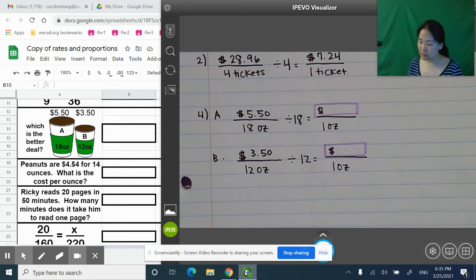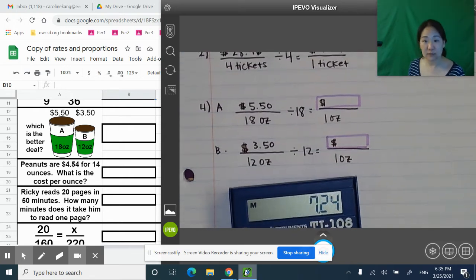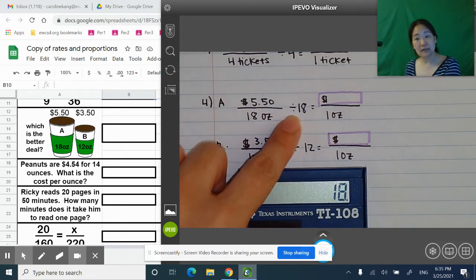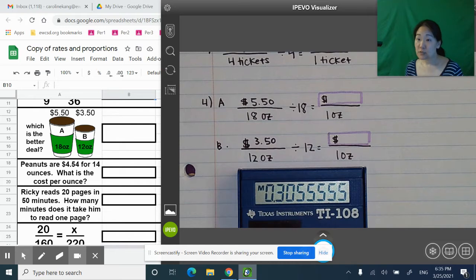So let's go ahead and try one because I have a feeling we're going to need to be rounding. So $5.50 divided by 18. Because it is money, you want to round the answer to the nearest hundredths, which is the cent, which is this one right here. To see if you need to round the 0 or not, you need to look at the next digit. Remember, 4 or less, let it rest, but 5 or more, raise it.